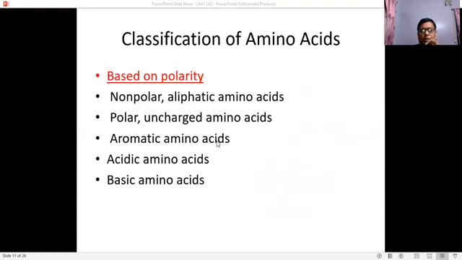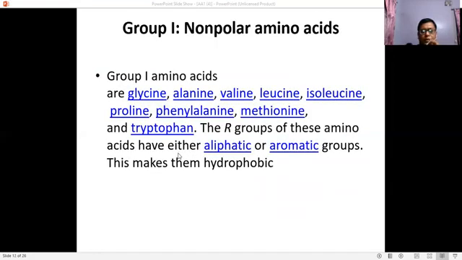So classification of amino acids based on polarity. There are 5 types of amino acids: non-polar aliphatic amino acids, polar uncharged amino acids, aromatic amino acids, then acidic amino acids, and basic amino acids. So group 1 is non-polar amino acids. They are basically glycine, alanine, valine, leucine, isoleucine, proline, phenylalanine, methionine, and tryptophan.